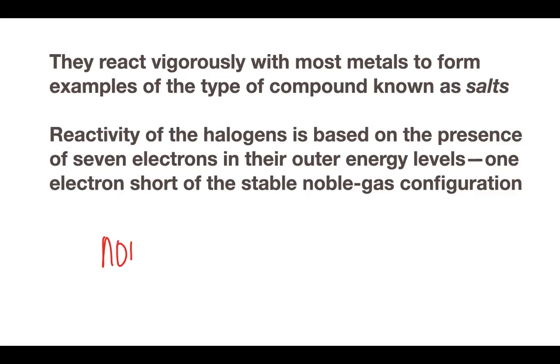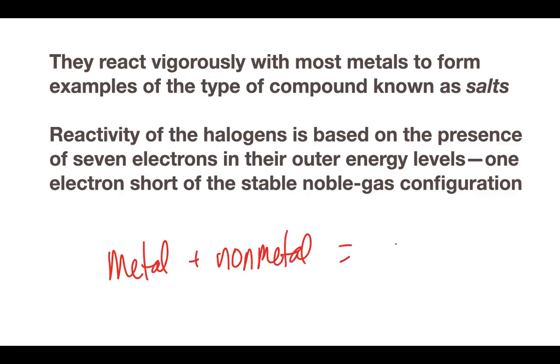a non-metal plus a metal, actually, let me redo that because metals come first. This is something that is going to come up a lot. Now, when a metal and a non-metal react, they form a salt. And I don't mean capital A salt, right, lowercase a.